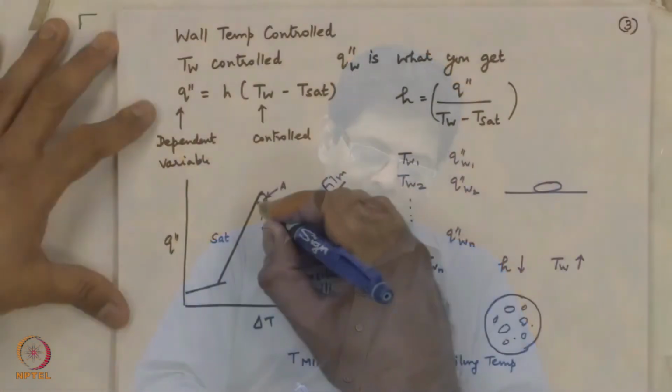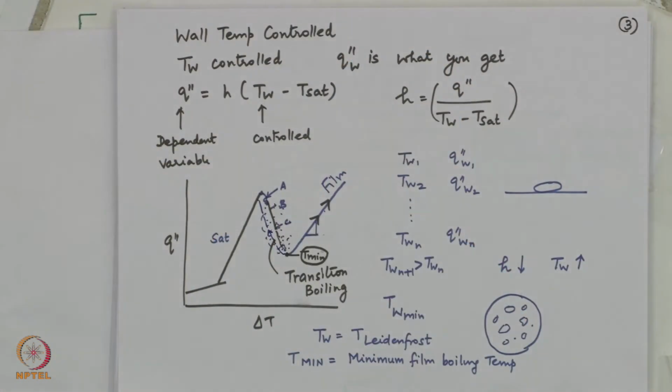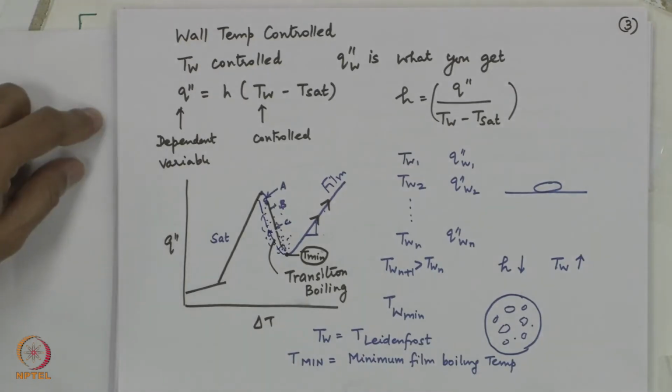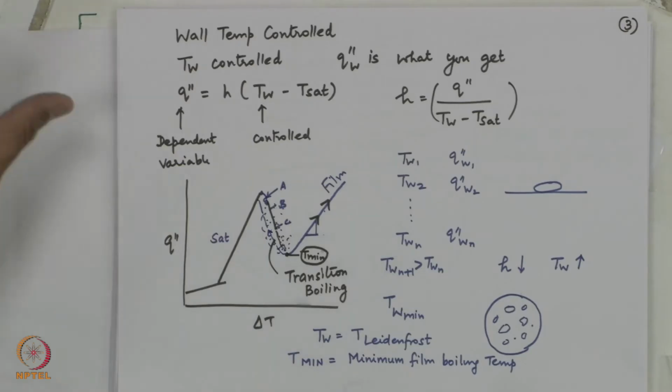There is so much randomness there. So, the entire data is very scattered and you don't get a lot of data points. So, you would see this hysteresis in the boiling curve, in the transition boiling. Apart from that, the nature of the boiling curve is exactly the same.